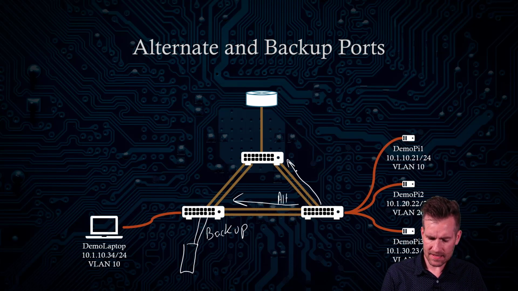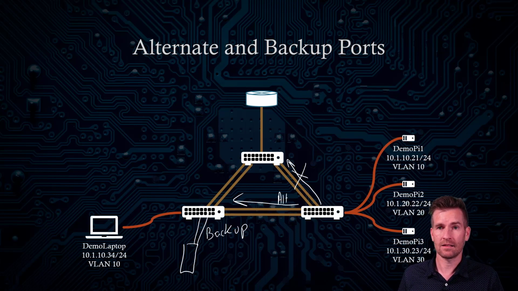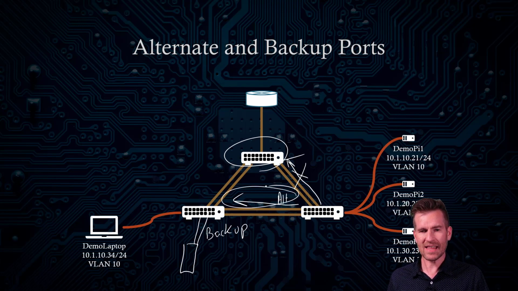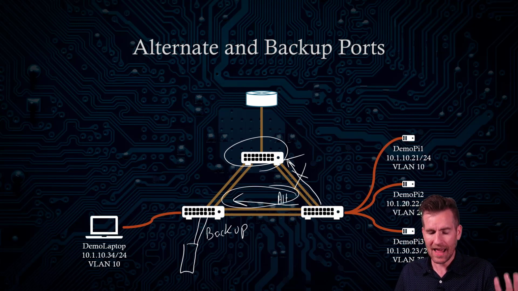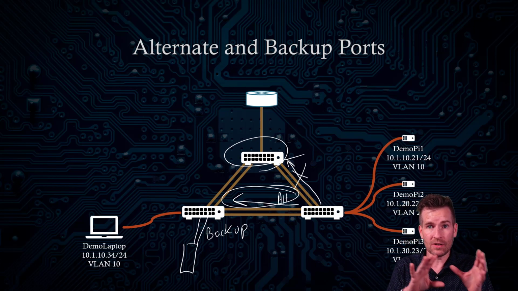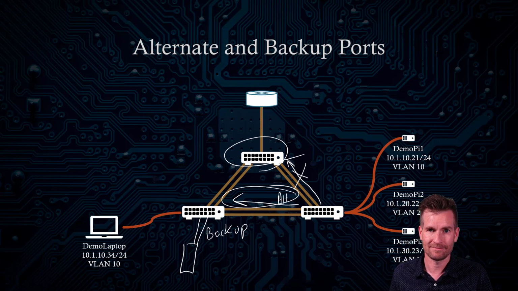If something were to happen to the original path to that root bridge, then it would take that alternate path. So that's the difference between an alternate and a backup port. Adding that designator of alternate versus backup port allows the network to heal much quicker.